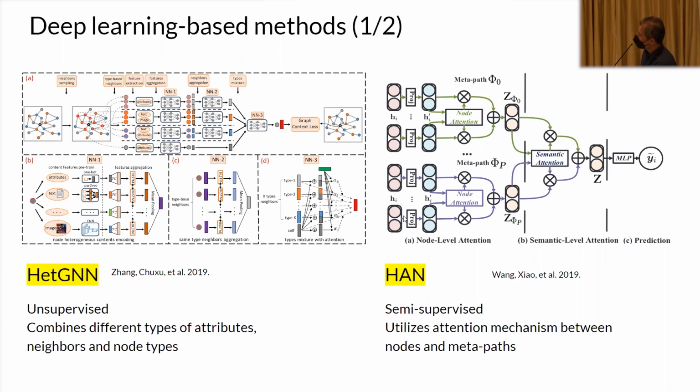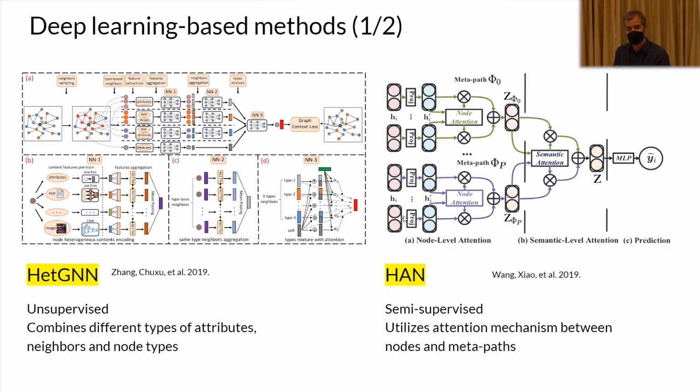For the node attributes, there's an aggregation, and node attributes in this method are coming from different data modalities. Like it could be image, text, and so forth, so they can be combined. And also you do aggregation at the node type level. So you learn an embedding at each node type, and then you combine them together.